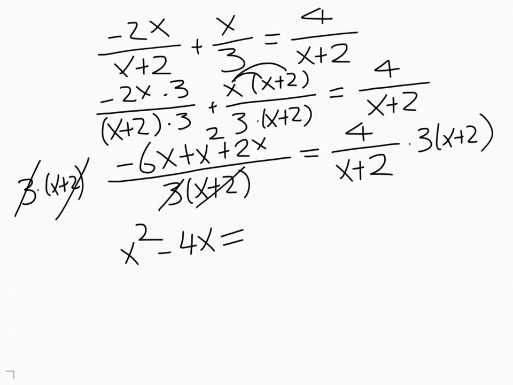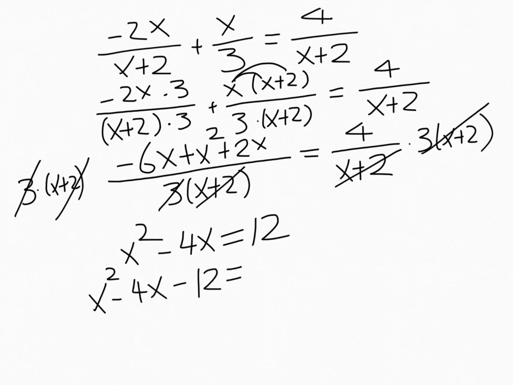The right hand side, x plus 2 get reduced. So now you are multiplying 4 times 3, which is 12. So following the same pattern as before, subtract 12 from both sides. I have x squared minus 4x minus 12 equals 0.